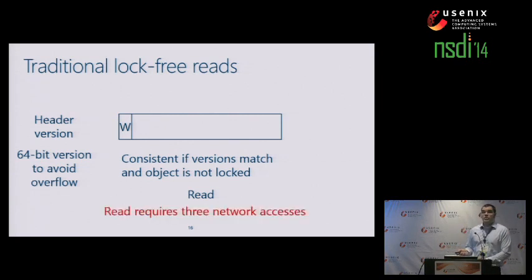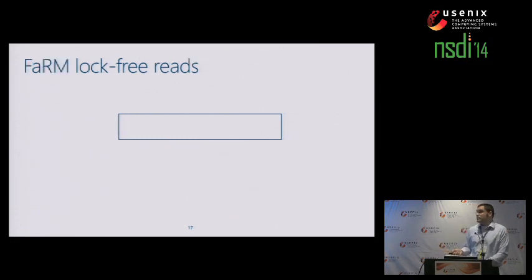But this is not a great way of doing this for FaRM, because it would require 3 network accesses. Remember, we are shooting for a performance improvement factor of 2, at least on today's systems, and this approach would defeat the purpose of using RDMA for reading. So we need to do something else.